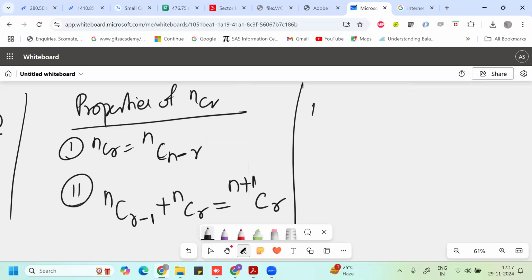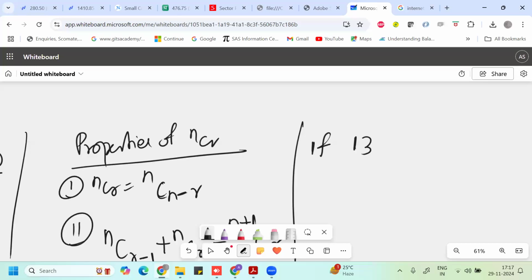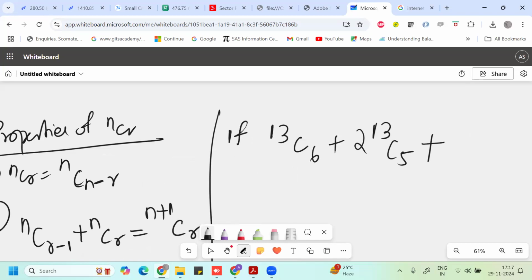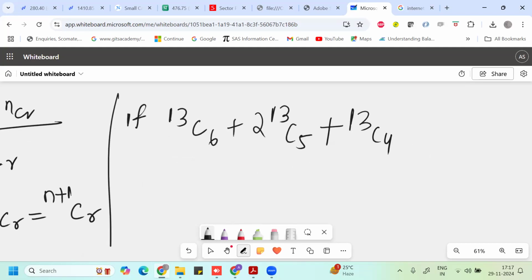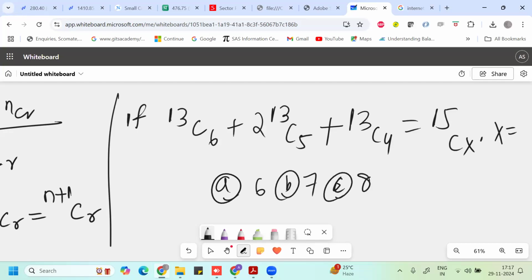The question is this: if 13C6 plus 2 into 13C5 plus 13C4 is equal to 15CX, find X. Your options are 6, 7, 8, 9. Four options. What is the value of X?